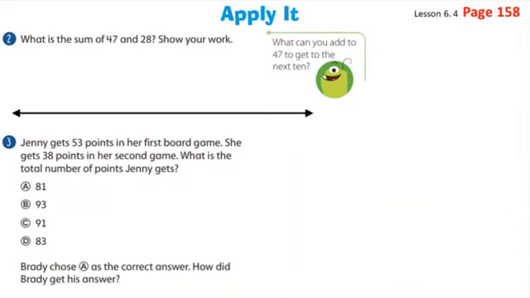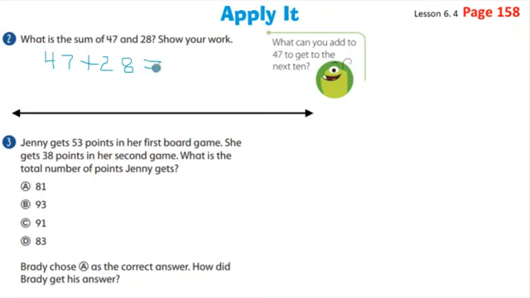And they apply it. Again, we're on page 158. Now we want to try a little bit different strategy over here, but let's take a look and see what we have. What's the sum of 47 and 28? So we can write an equation as 47 plus 28.